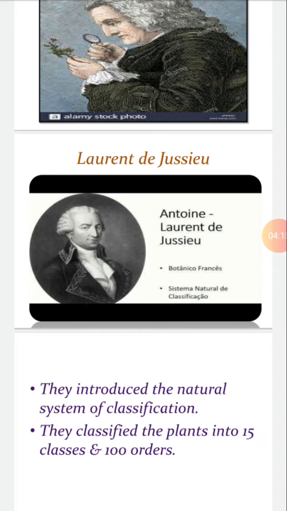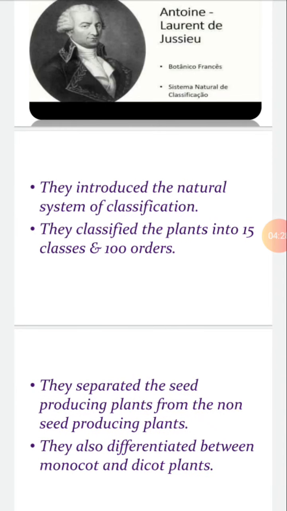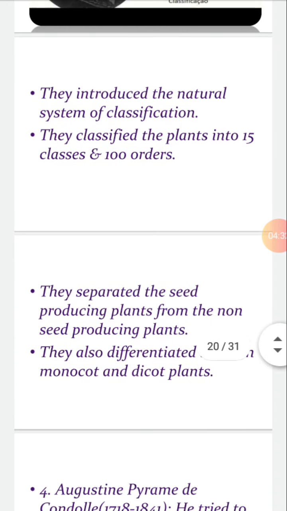They classified the plants into 15 classes and 100 orders. They separated the seed-producing plants from the non-seed producing plants. They also differentiated between monocots and dicot plants. Monocots, as you know, have one cotyledon, seed leaf, and dicots have two cotyledons.